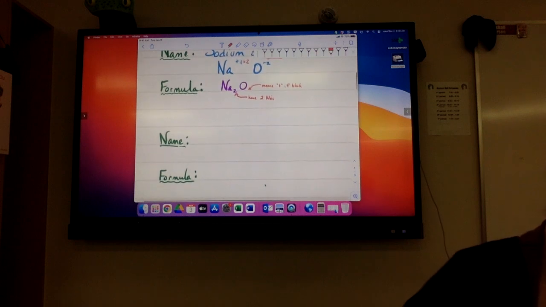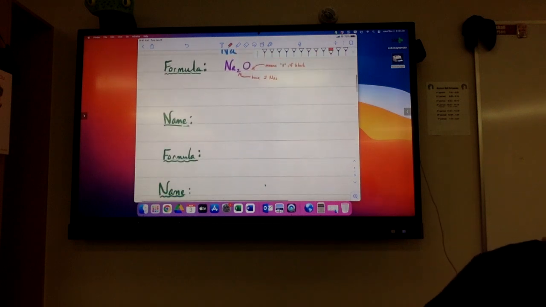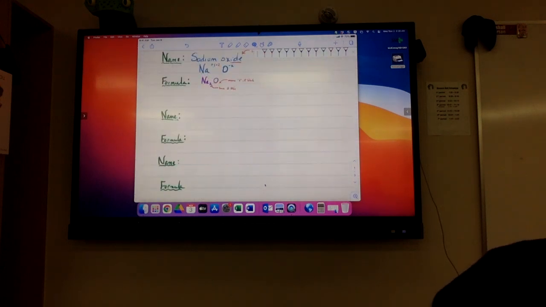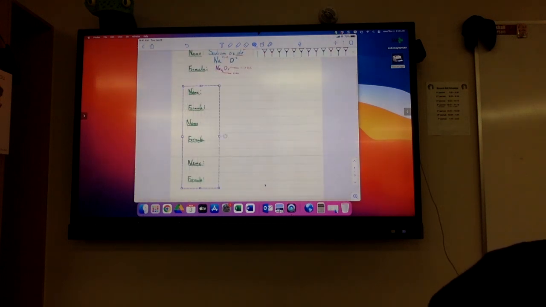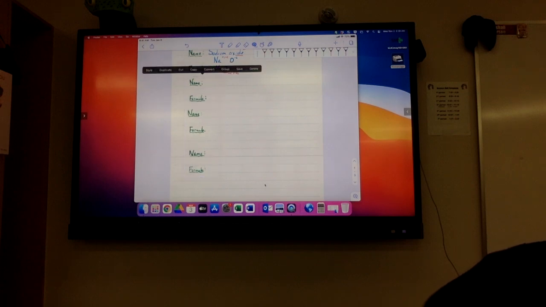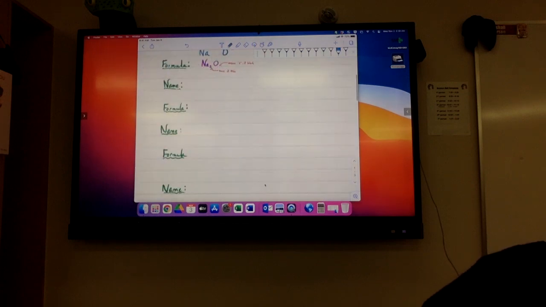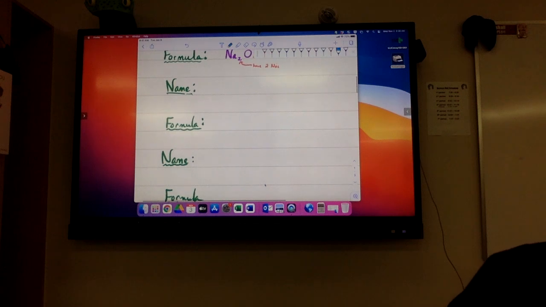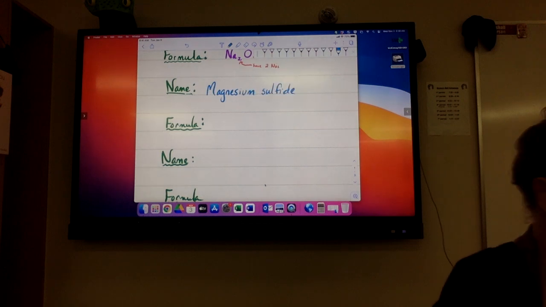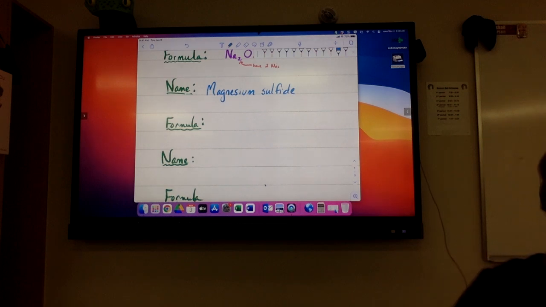All right. Next is magnesium sulfide. So it's magnesium.